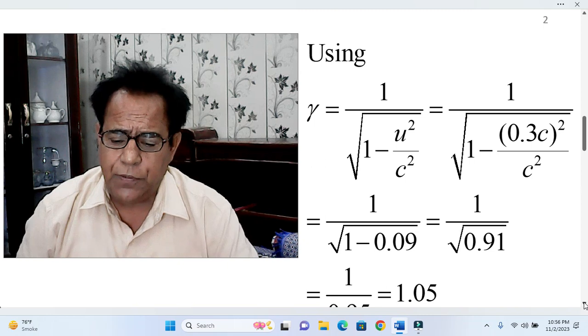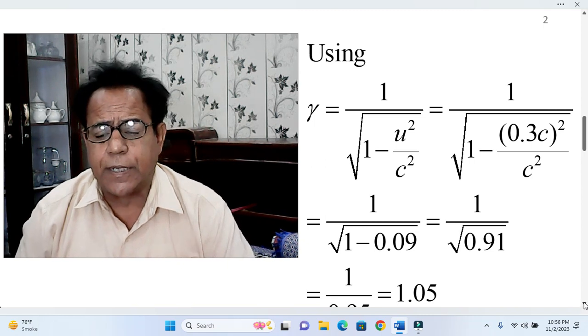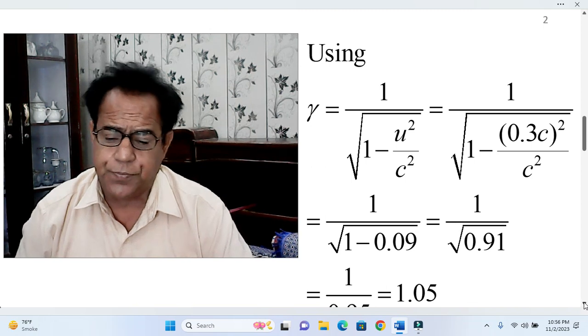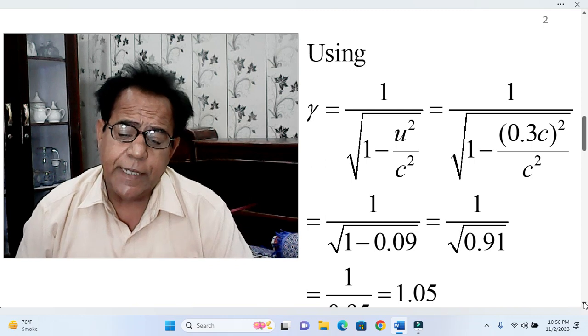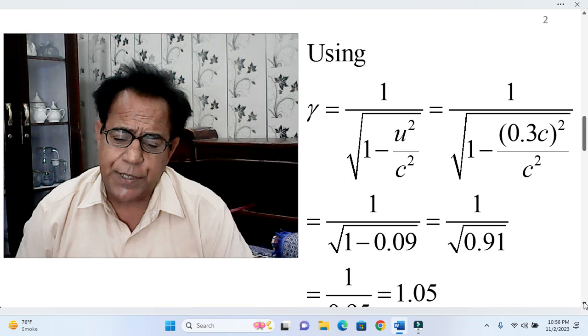First of all we come towards the Lorentz factor. We know that Lorentz factor gamma is equal to 1 over the square root of 1 minus u square over c square, where c is the speed of light, 3.0 into 10 to power 8 meter per second.